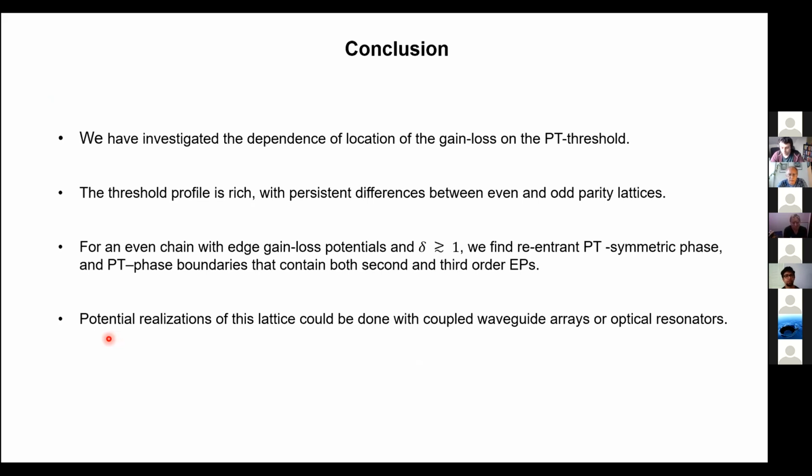And the good part about this is that maybe we could realize this in an optical setting, wherein we have coupled waveguide arrays with chains, and then you can probably study this in more detail. And so with that, I thank you all, and I take questions.